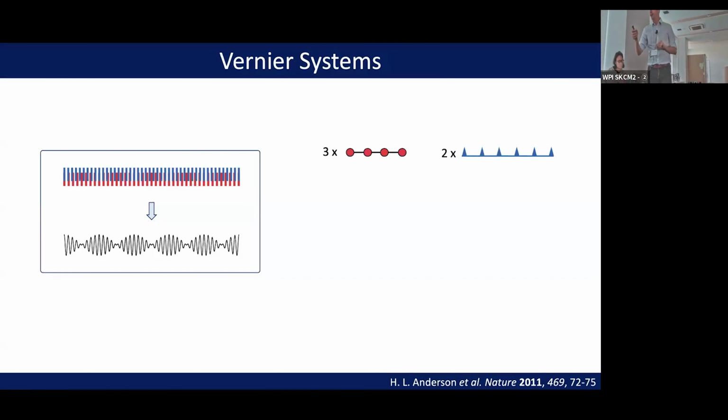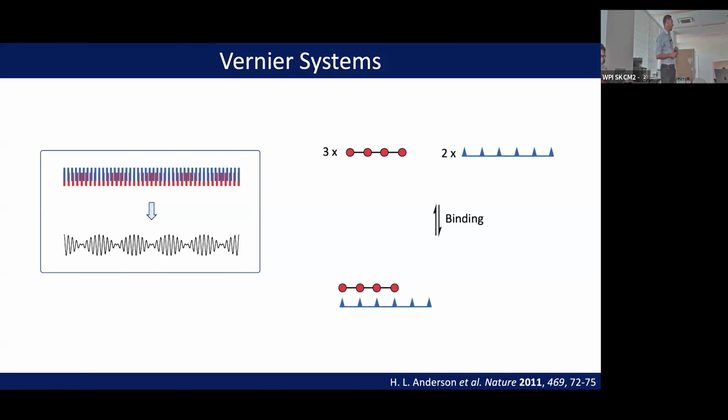The approach is a little bit different. So you can imagine a molecule which has 4 different sites, which are identical. I colored them with these red circles. And then another molecule which has 6 identical sites, which I label with these little blue spikes. Now, each blue spike binds one red circle in the way which is here.